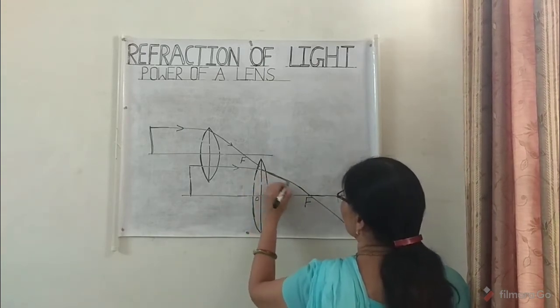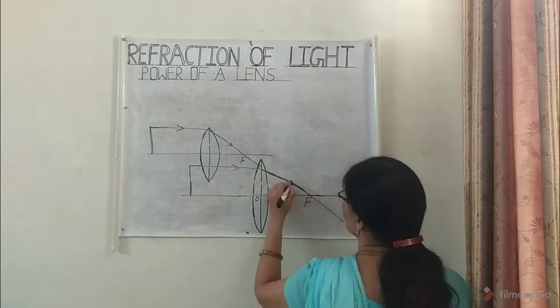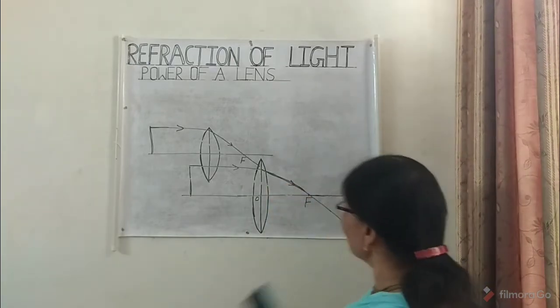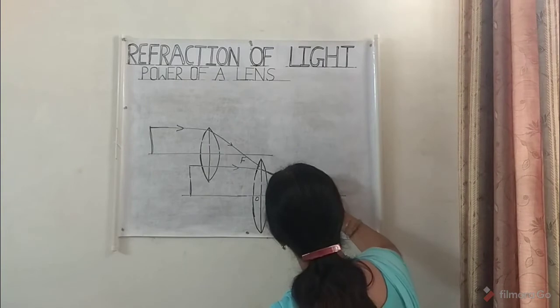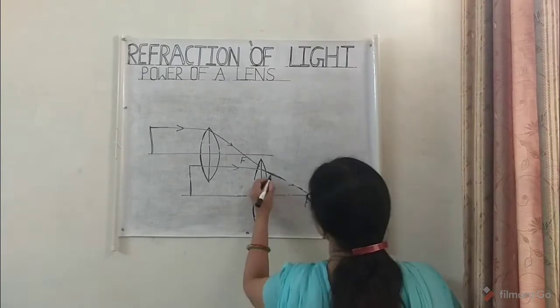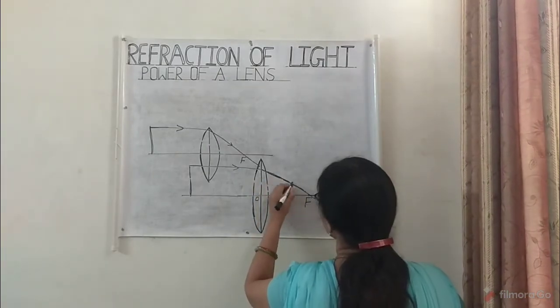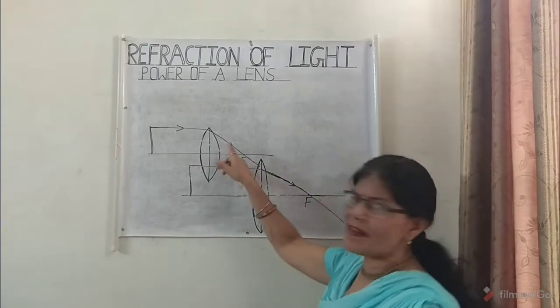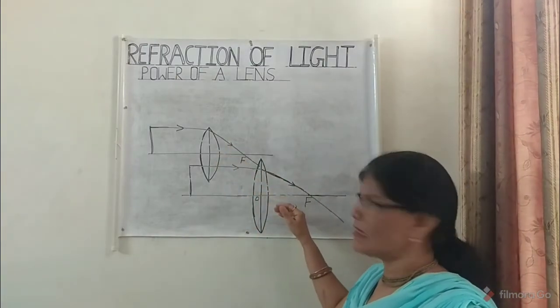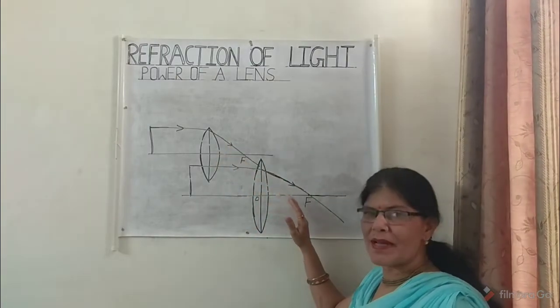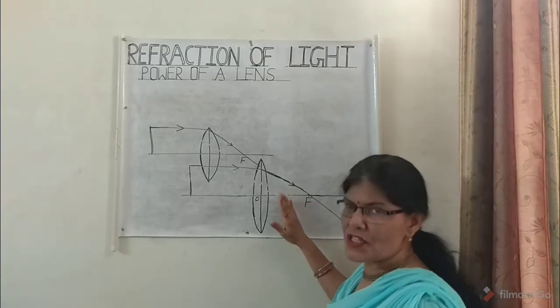So when we compare with the above case with the shorter focal length, here the bending is more as compared to this case. In this case, bending is comparatively less for larger focal lengths.